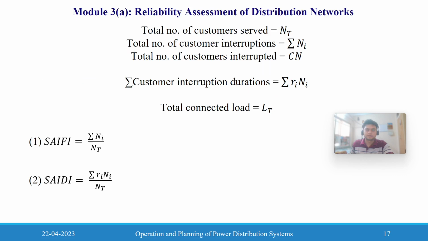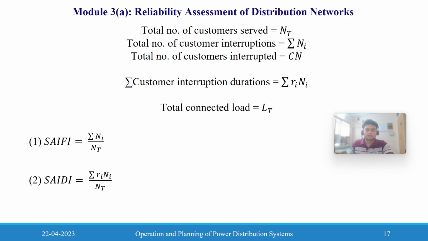Next, we will see the reliability assessment of distribution networks. There are different types of reliability indices, like indices for sustained interruption, indices for momentary interruptions, and load and energy based interruption. Here we are going to see most of the indices that are either sustained interruptions or load energy based indices.